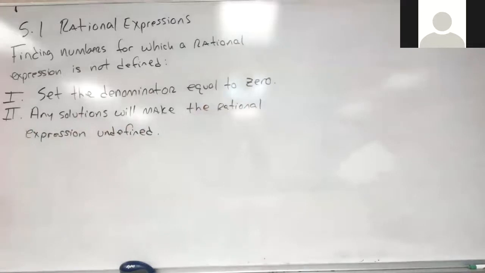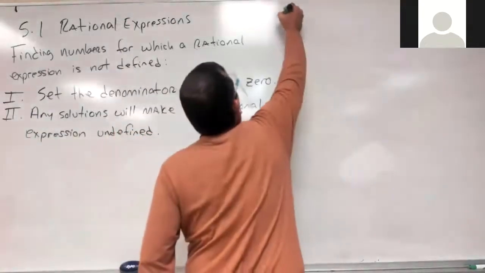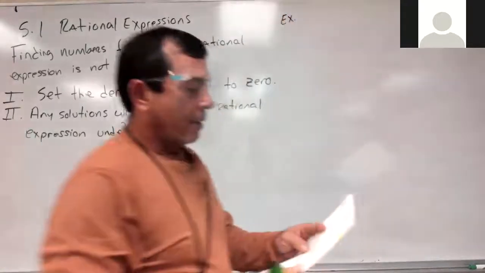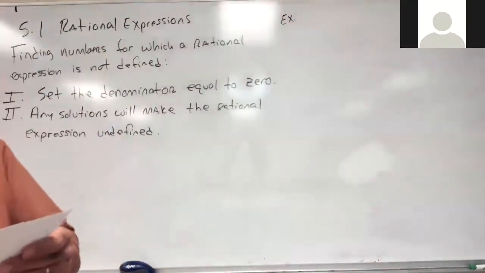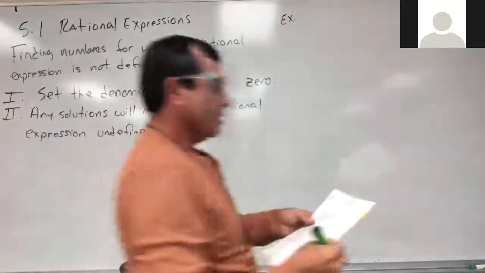So y'all, it's basically doing a domain problem, but we don't have to write the answer in interval notation and stuff. We just got to find what numbers make it undefined. So we're going to find any numbers for which the rational expression is not defined.